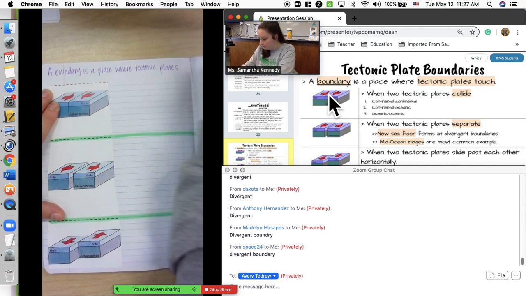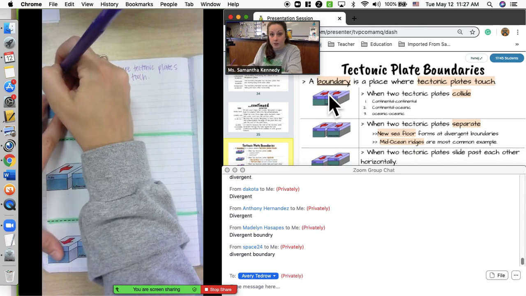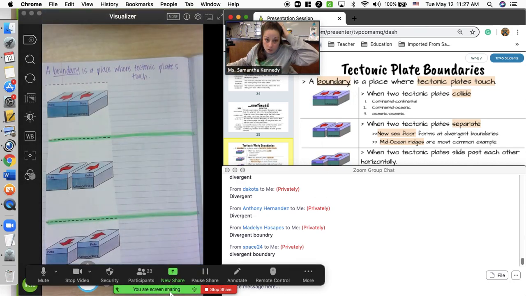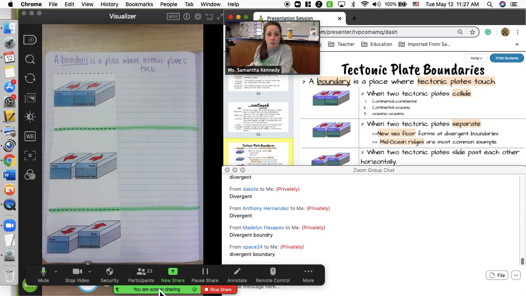Boundary is our word. Okay? A boundary is where tectonic plates touch. So in those three, we are going to start with this one.